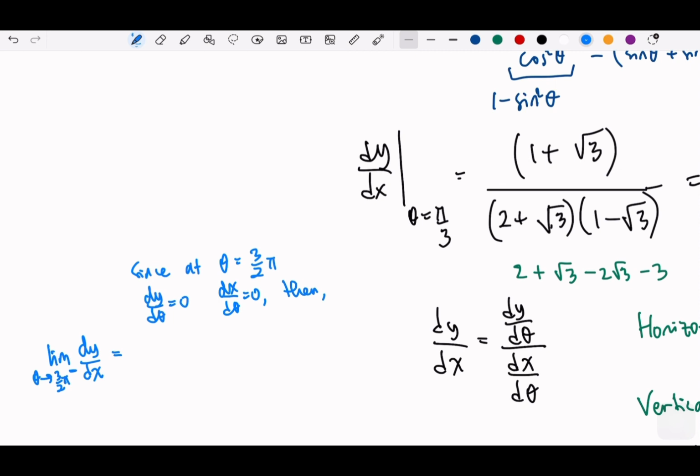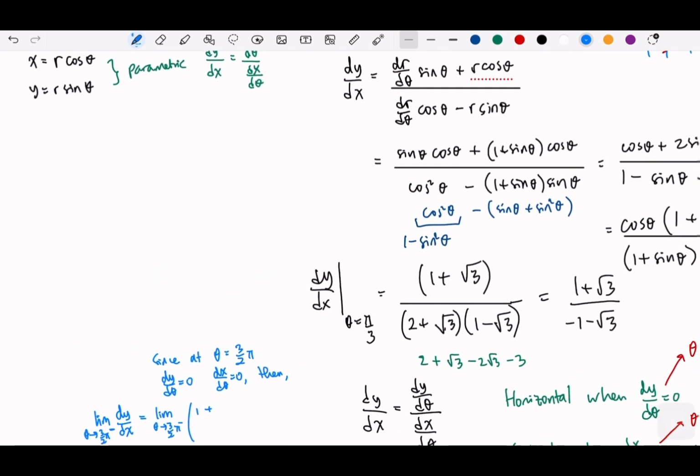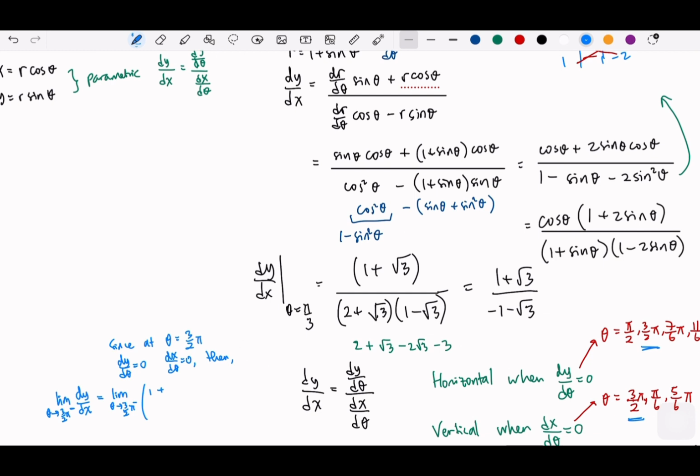Okay, now taking from the left, now we are using the limit operations. So 1 plus, what is our dy dx? 1 plus 2 sine theta and 1 minus 2 sine theta.